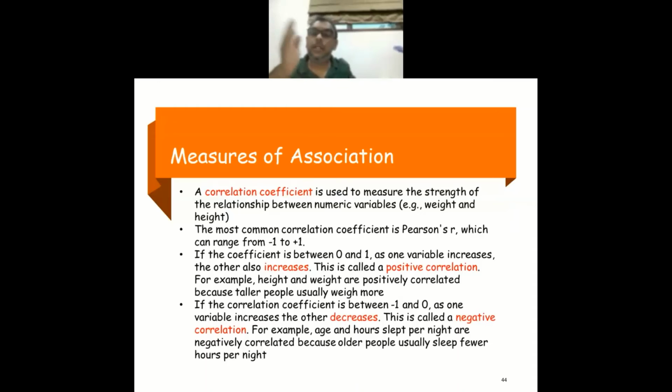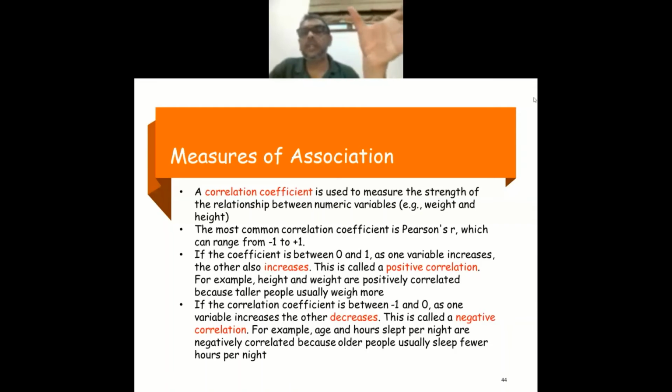But what is the relationship? Are we saying the more you exercise, the more you lose weight? Or the more you exercise, the less you lose weight? Or the more you exercise and fast, the more you lose weight? Boleh juga. It can be in so many ways. So the coefficient is to find out whether it is a positive coefficient or a negative coefficient.